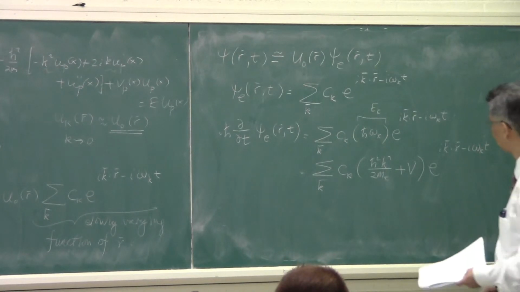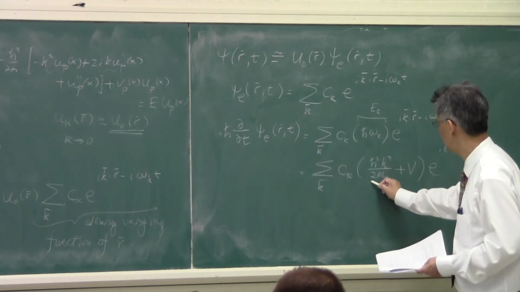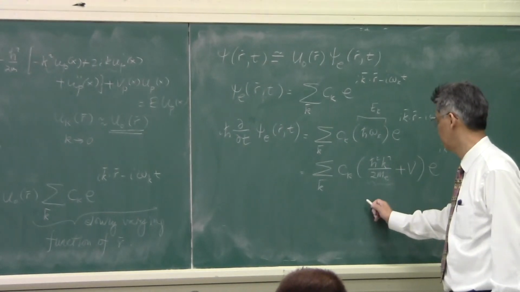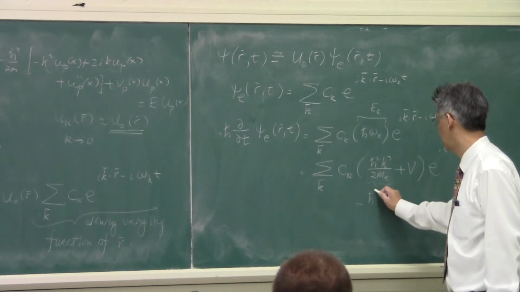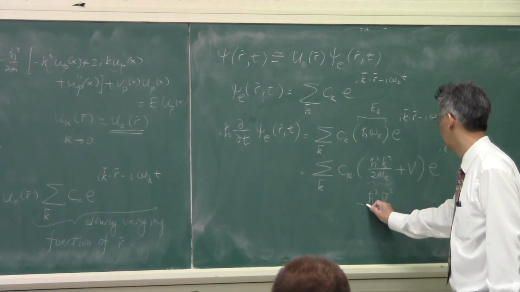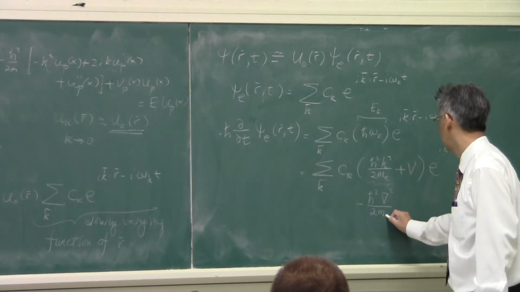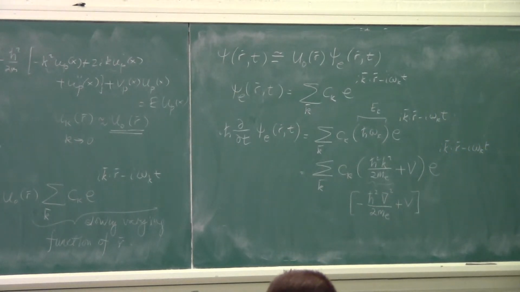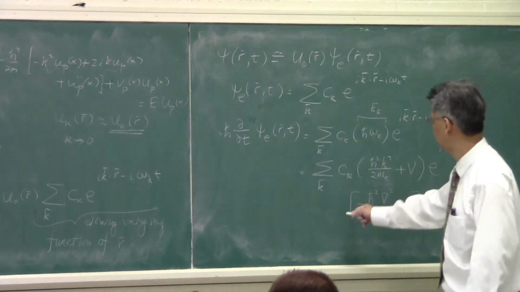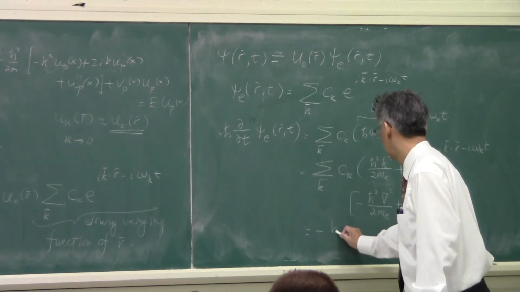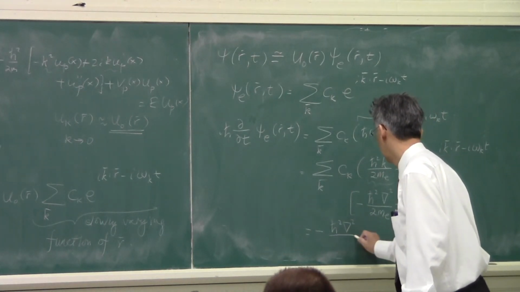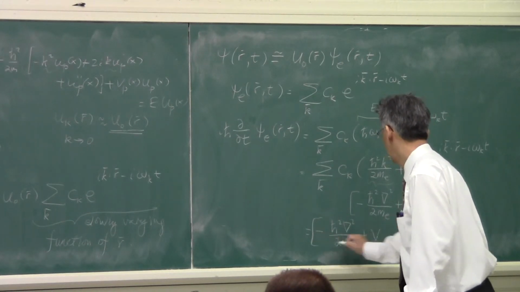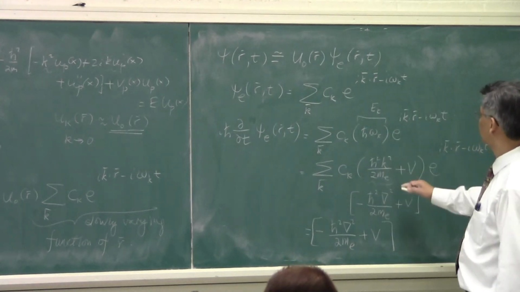Okay. Now I can take this thing and replace that k squared with something else, with an operator. Okay? I can say that this is h squared Laplacian squared over 2m_e plus b. Then if I do that, I can take this outside and say that this is h squared Laplacian squared over 2m_e plus b, operating on the function that remains behind.